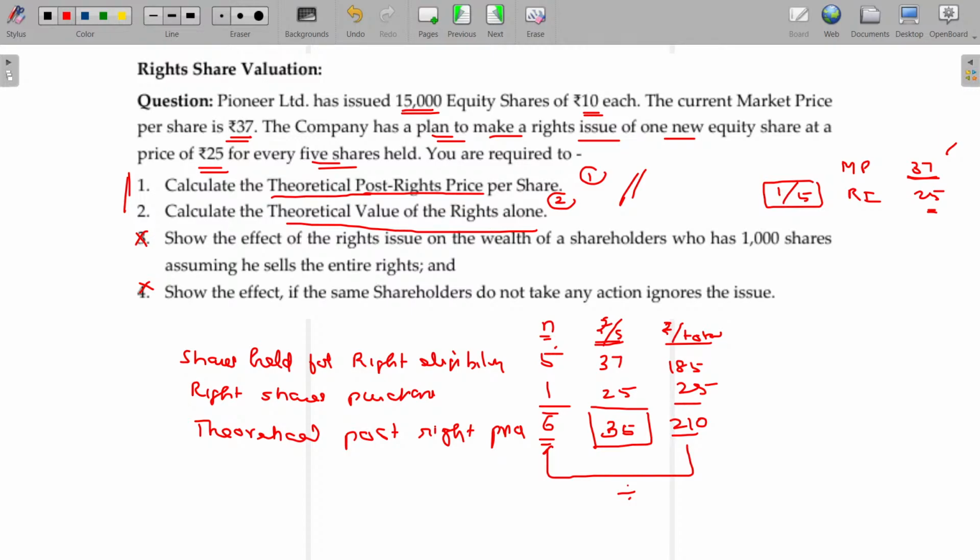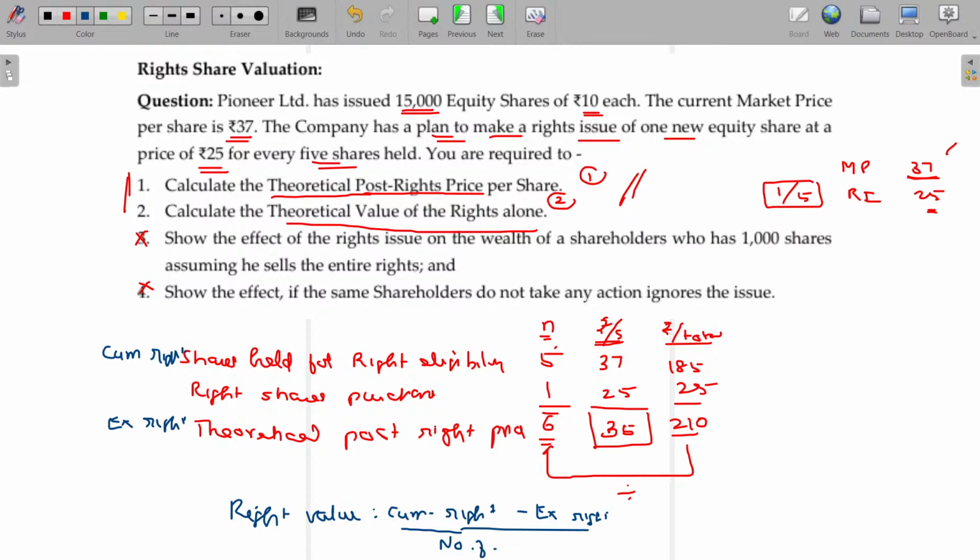Now, what about the right value? Right value is the difference between cum right value and X right value, divided by number of right shares.